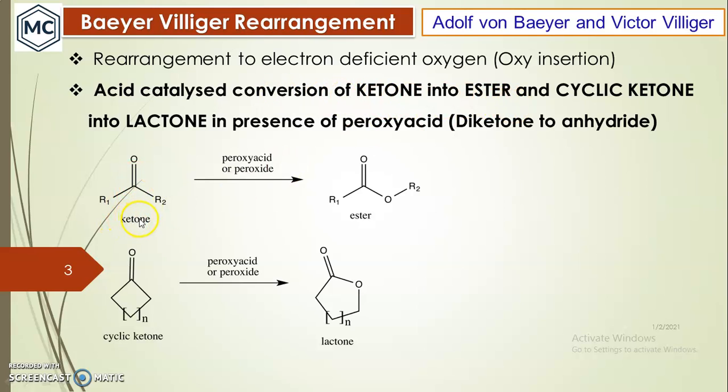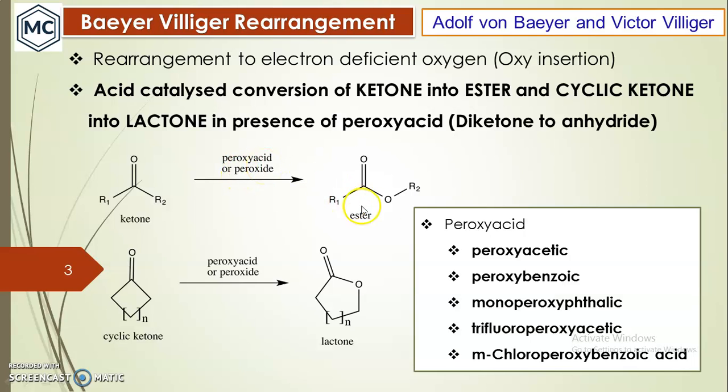You are starting with a ketone here, and it is converted into an ester. And a cyclic ketone is converted into a lactone in the presence of peroxy acids. Peroxy acids used are peroxyacetic acid, peroxybenzoic acid, monoperoxyphthalic acid, trifluoroperoxyacetic acid, and metachloroperoxybenzoic acid.